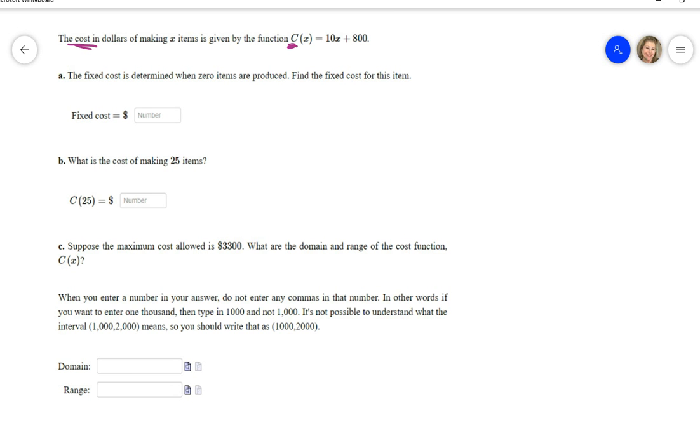So question A says, the fixed cost is determined when 0 items are produced. Find that fixed cost. If you're going to do 0 items, that means you're looking at when X is 0. So you're going to stick a 0 basically here, which means it's going to plug into the function right there.